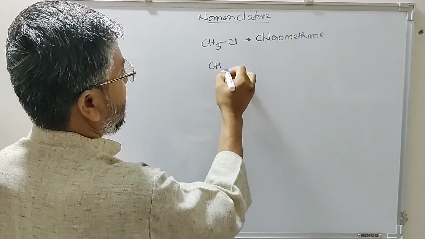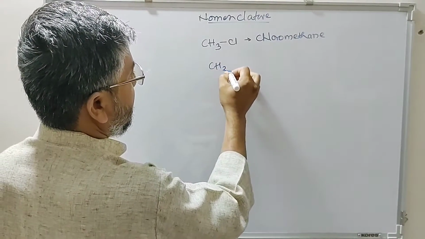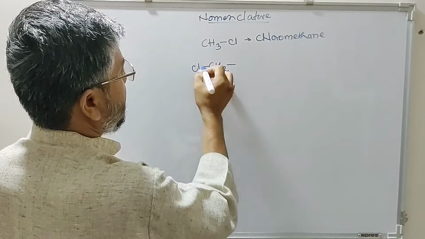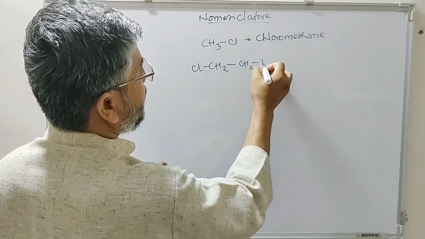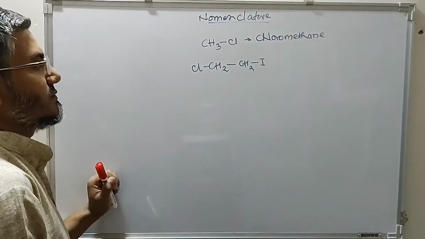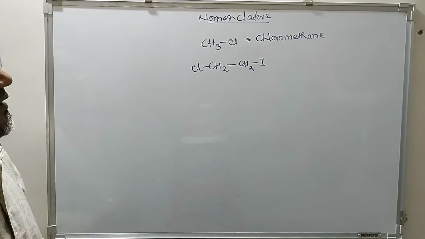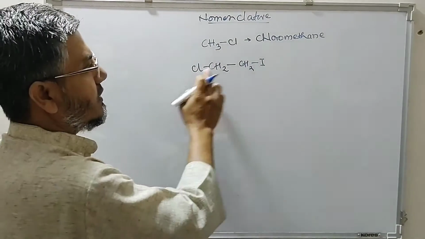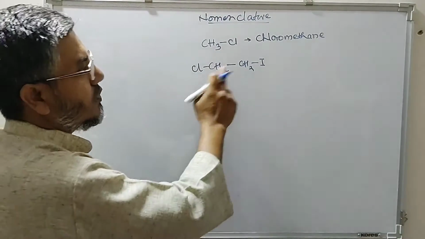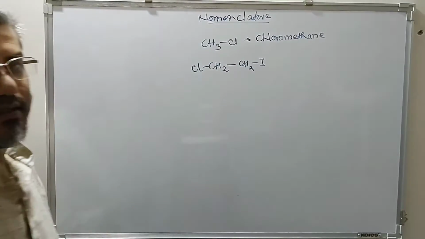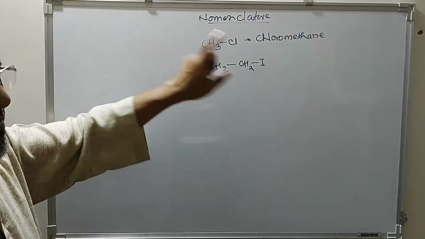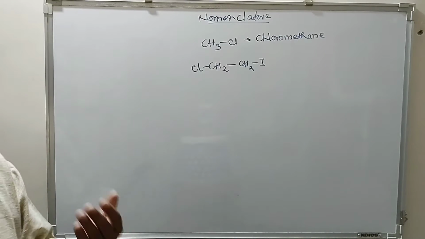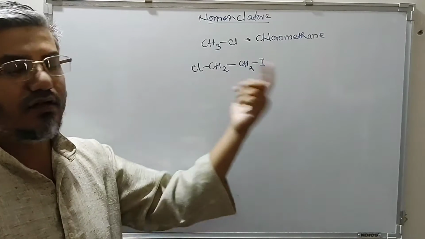Take this, CH2Cl, CH2I. If you look at this, one is chlorine, the other one is iodine. Both are on two different carbon atoms. This is one carbon, this is two carbon. Now the question is how to locate the position. In such a case, we'll follow the alphabetical order.